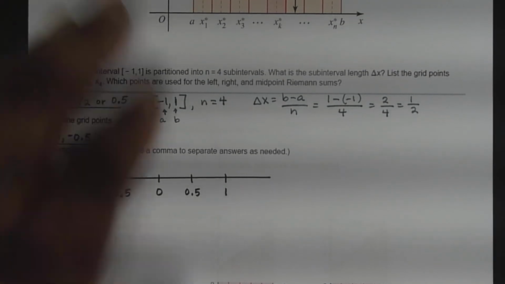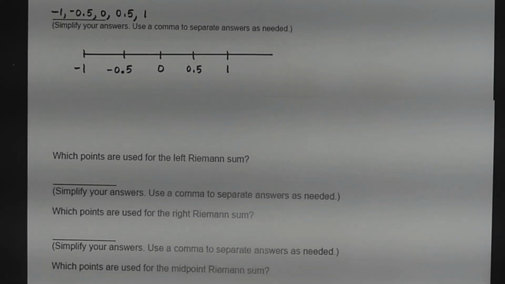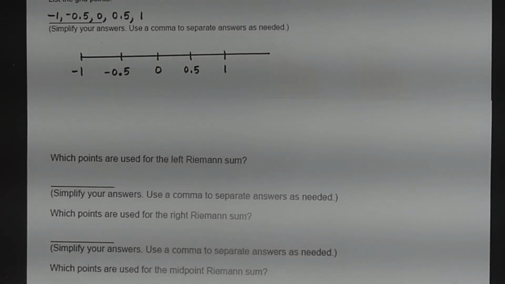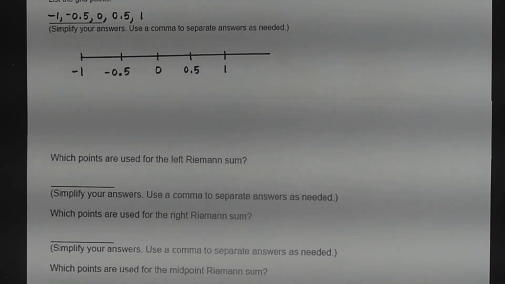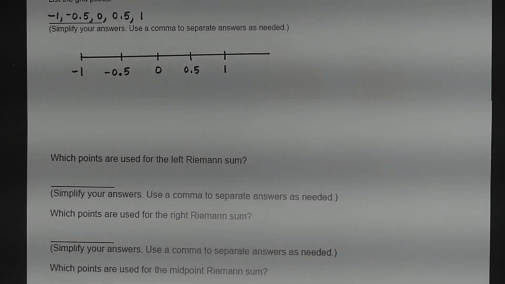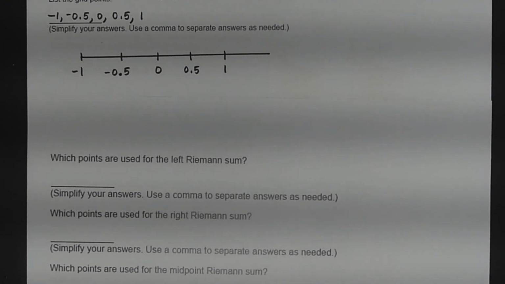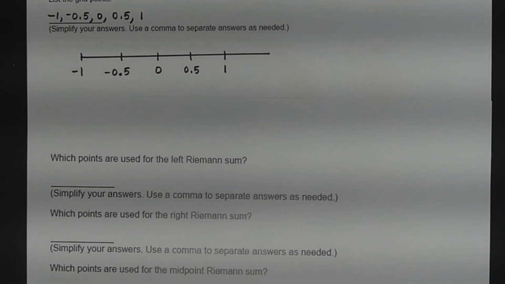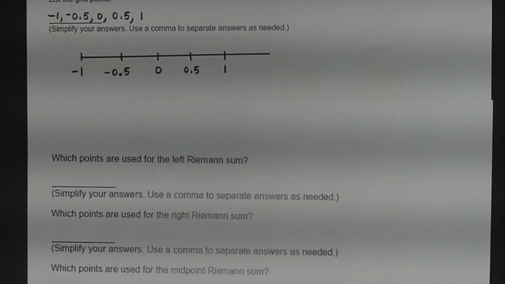All right, now this problem continues on the next page, because they're asking which points are used for the left Riemann sum. Now I want to write this in sub-intervals here, because I want you to see that the left endpoint of each of your sub-intervals will be your left Riemann sum points, whereas the right endpoint of each of your sub-intervals will be your right Riemann sum points.